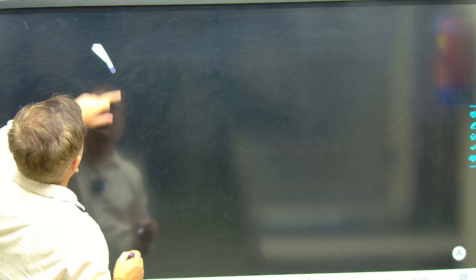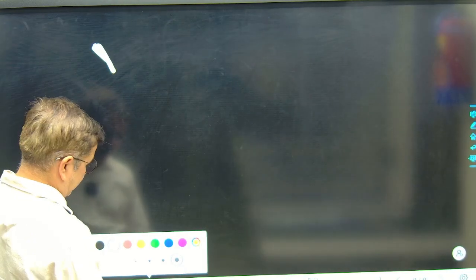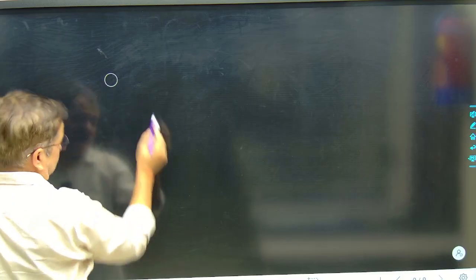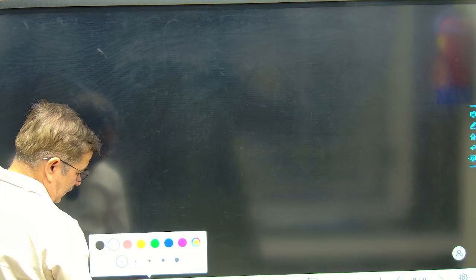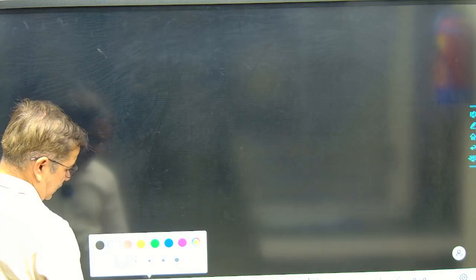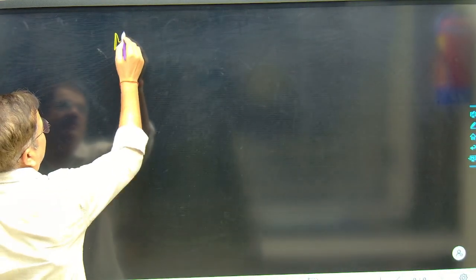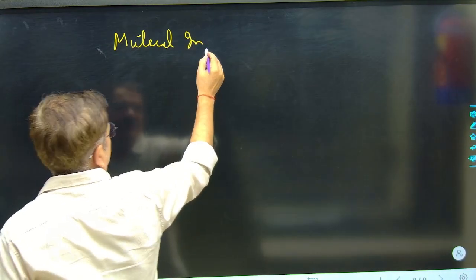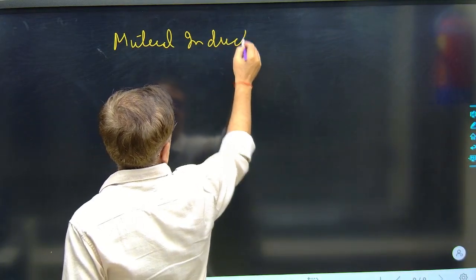Now, there is also the case of mutual inductance, what it is. Next I will go for this case of mutual inductance. How do we see this? Let us see how it works.